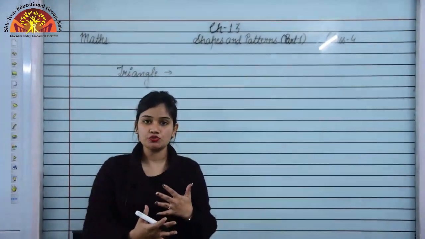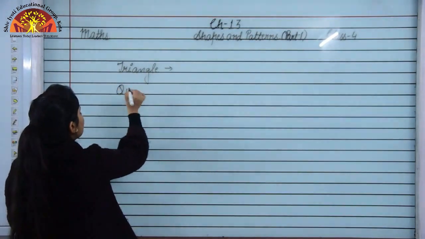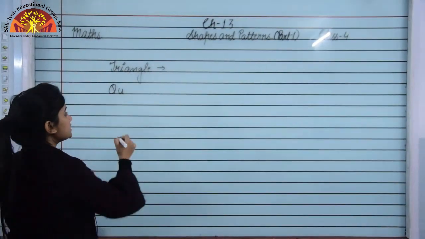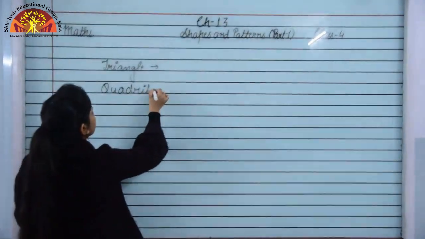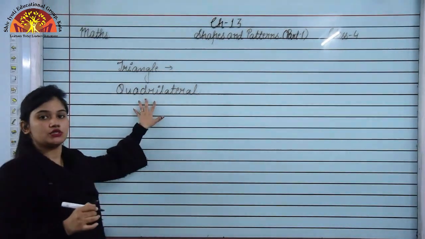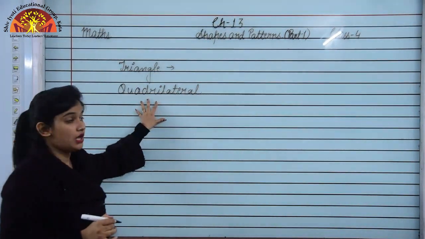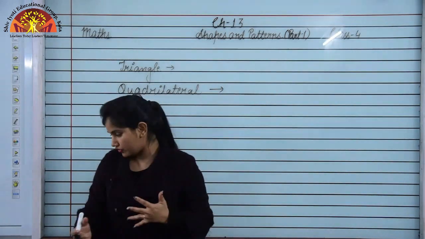Now we see the next polygon which has 4 sides. What did I say? Which has 4 sides. Now 4 sides means it will be a quadrilateral. Now in quadrilaterals we can see different types of quadrilaterals.